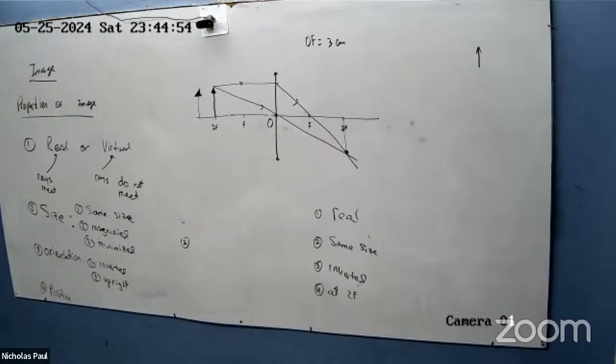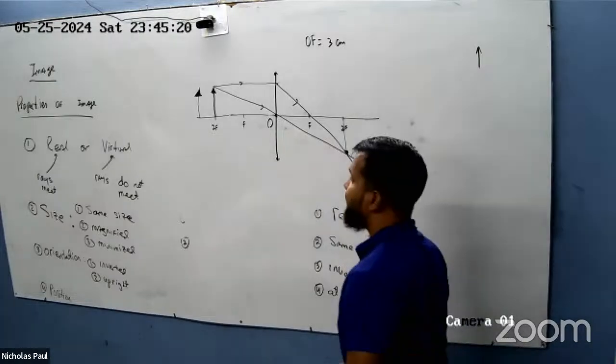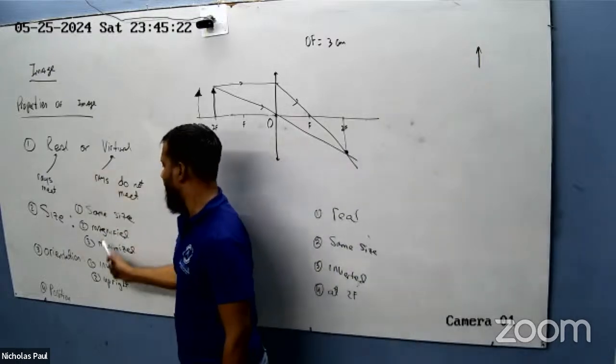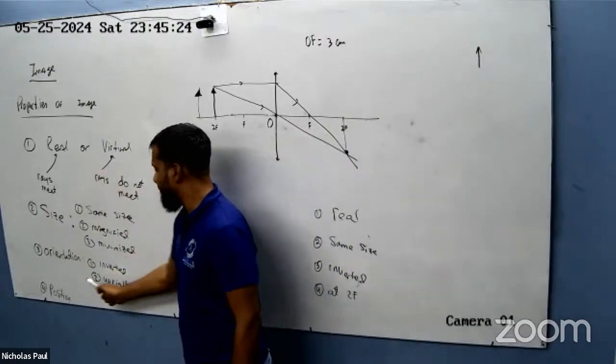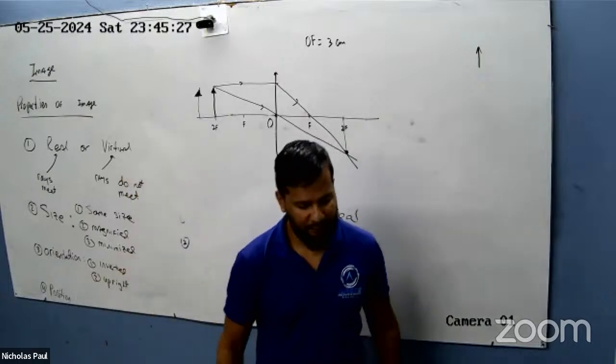Next one. Size. Minimized. Third one. Orientation. Inverted. And last one. Between F and 2F, right here. Very good. So you should have real, minimized, inverted, and the position.